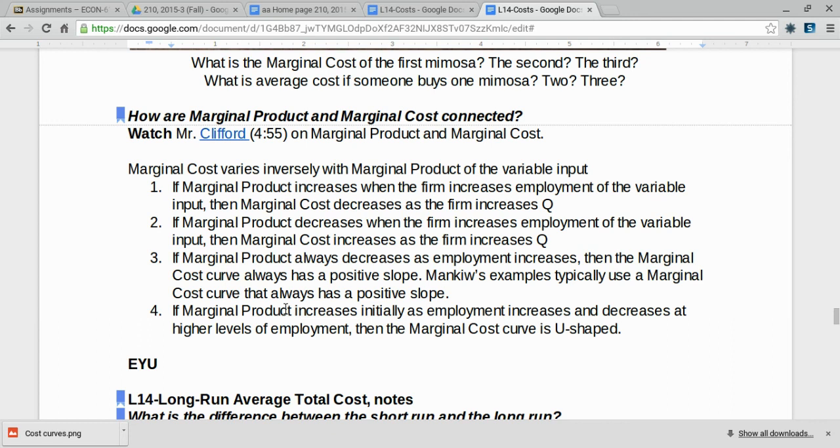So in our widget example, marginal product increased and then decreased after it reached a certain point, which means the marginal cost would decrease and then increase as output rose, which means the marginal cost curve would be a U-shaped curve.